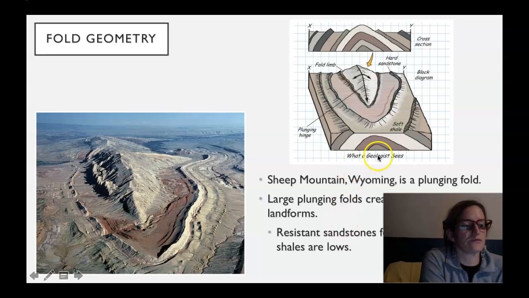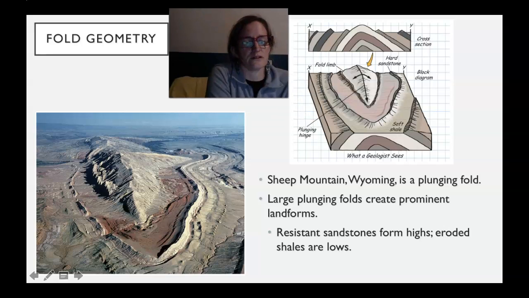This is the Sheep Mountain, Wyoming fold. I've not been to this fold. I have been to the other one several times. And it makes this really unique landform. Part of that is due to the rocks, different sandstone layers having different erodibility. So the sandstones didn't erode and the shales did.